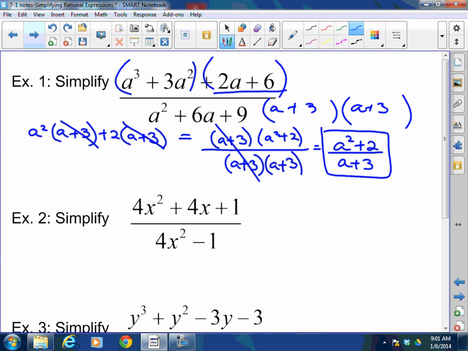Just out of curiosity, what value can a not equal here? Very good. Why did they say -2? No. The numerator does not affect the denominator, does it? When I'm trying to find out the limits of x, I'm only focusing on those that are in the denominator for right now.